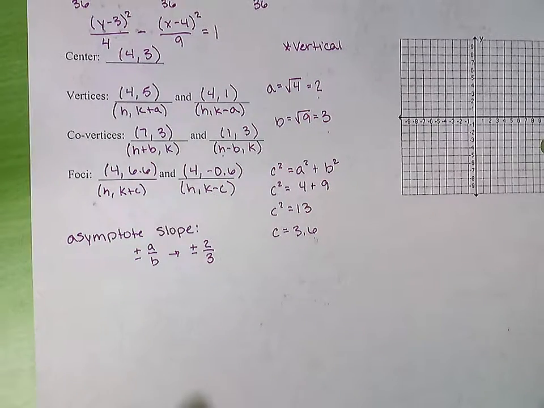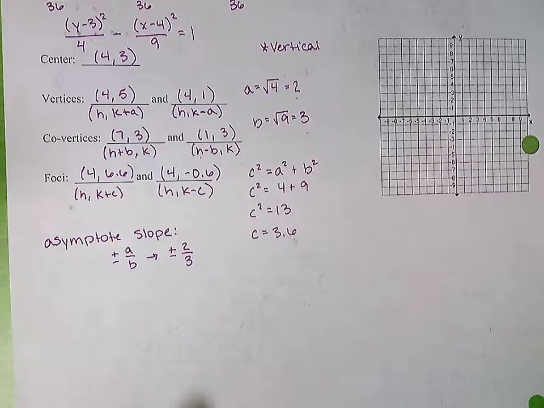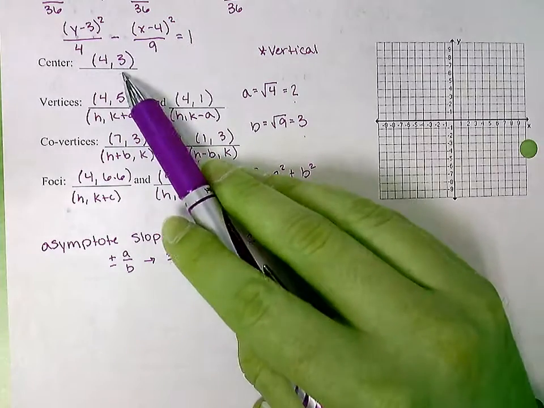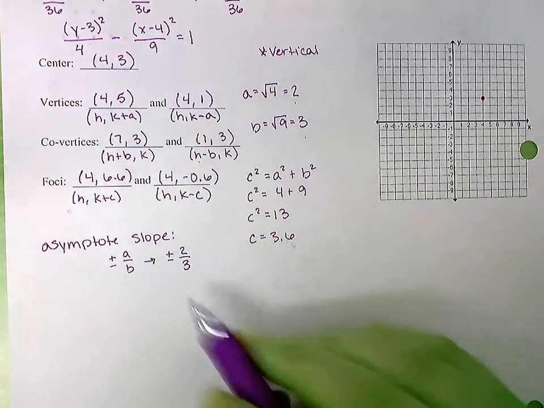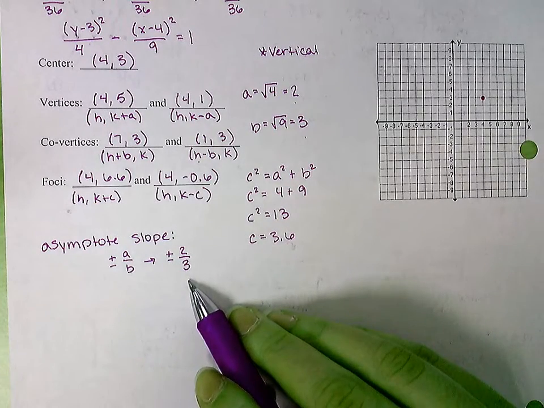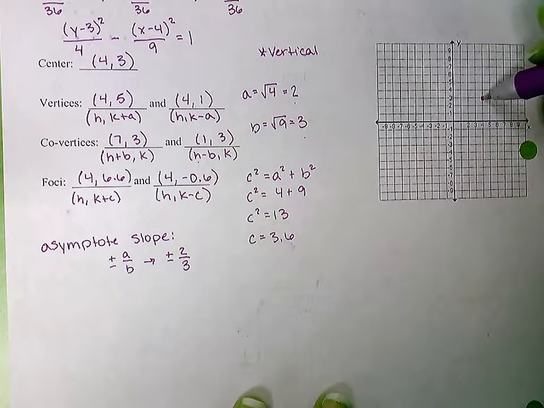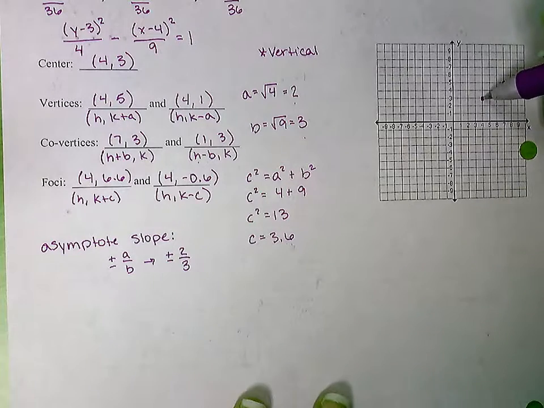So our slope is plus or minus 2/3. So I can plot my center point at 4, 3 and use my two different slopes from that point to create those asymptotes. Okay, so we have our rise first, so go up 2 and then right 3.